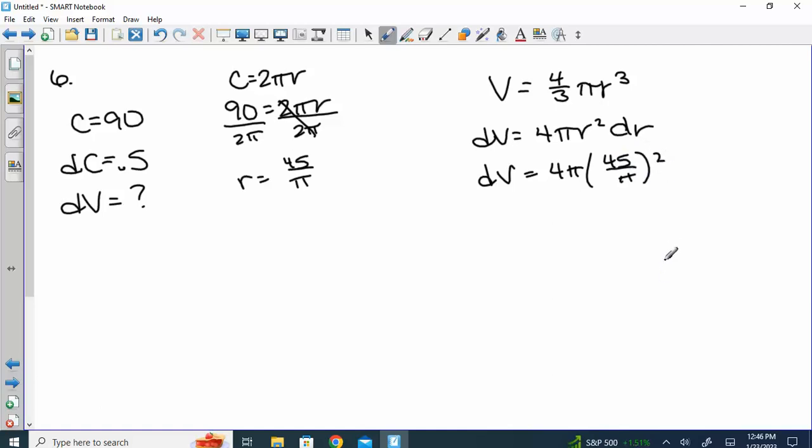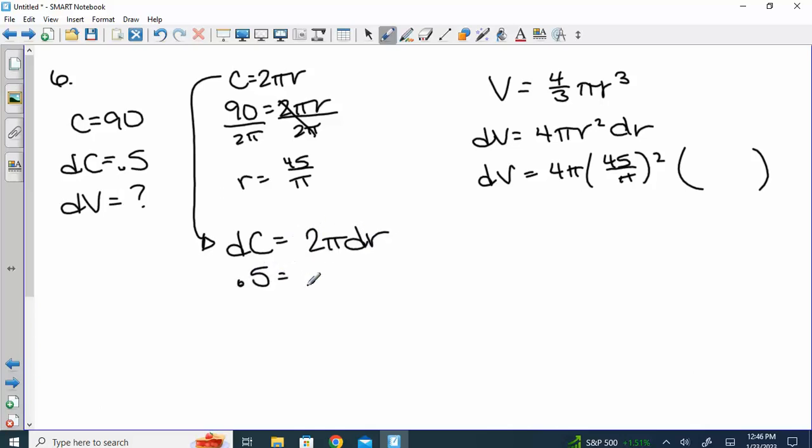Okay, now we need to find dr. So I know dc. If I did the derivative of this, dc would be 2 pi dr. So if we plug in, .5 divided by 2 is 0.25 over pi.